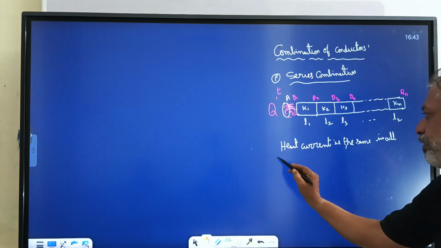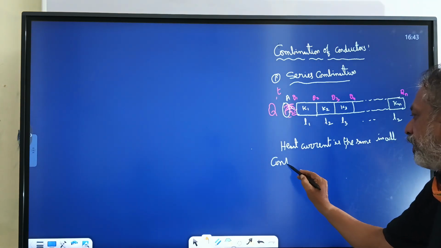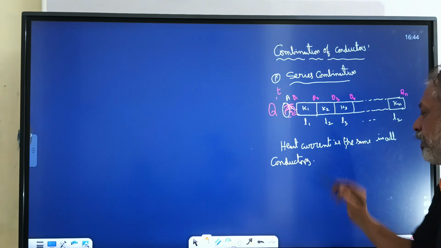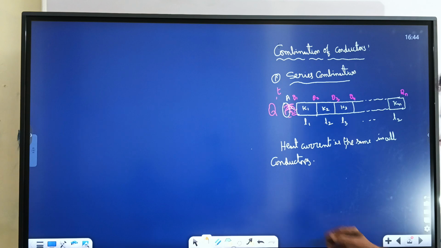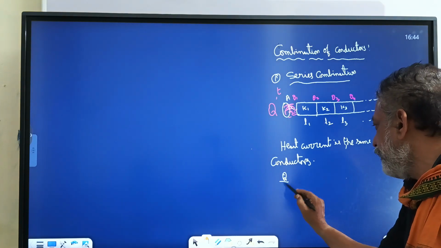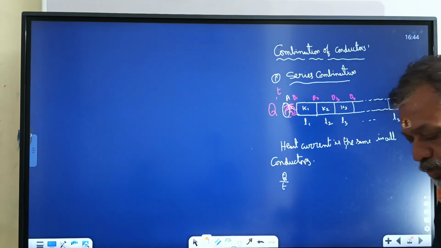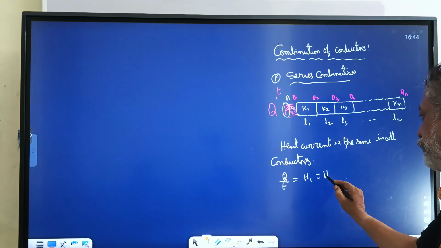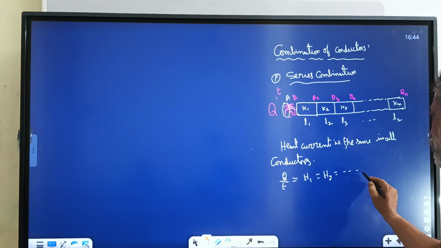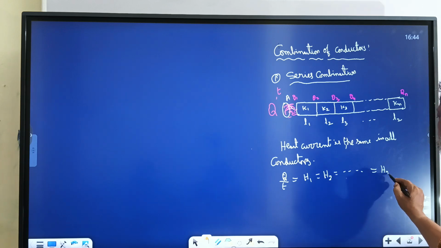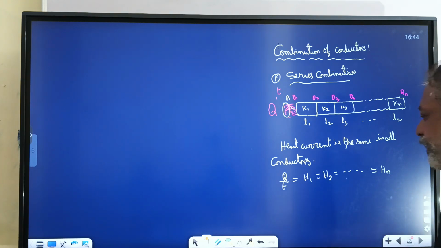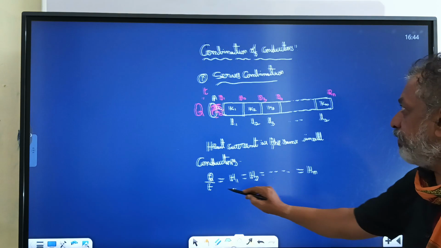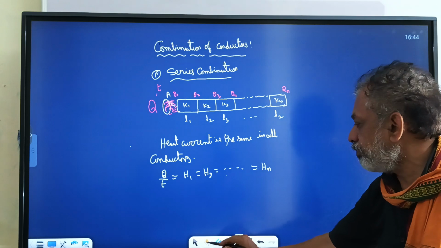That means Q by t, the rate of heat flow, is the same. That is, H1 is equal to H2, that is equal to Hn. All are equal. The rate of heat flow is the same, or the heat current is the same.